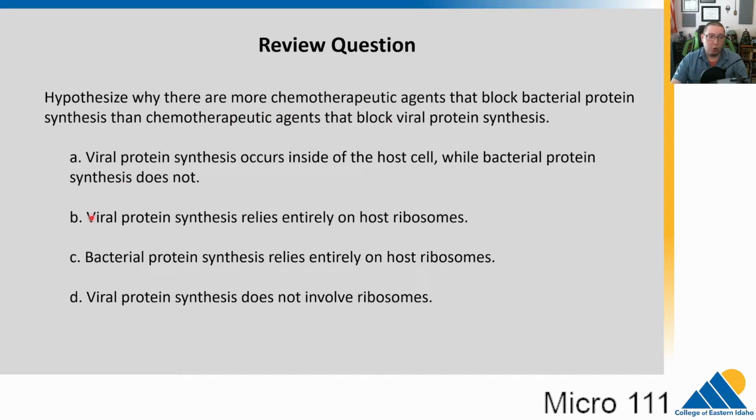So the answer would be B. Viral protein synthesis relies entirely on host ribosomes. That means we can't really target that process without harming the host at the same time. Bacteria, on the other hand, have their own ribosomes. They do their own protein synthesis, so we can target those ribosomes and not hit our own in the process.